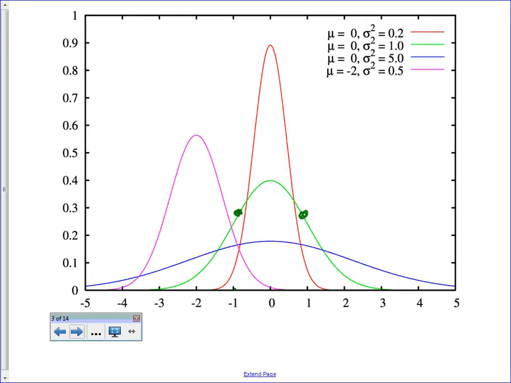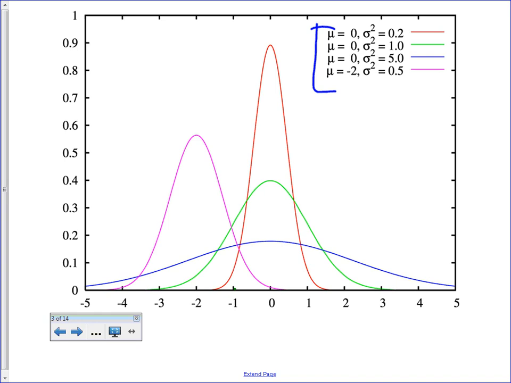And what we will see here is that if we give you the mean and the standard deviation, you create slightly different curves.